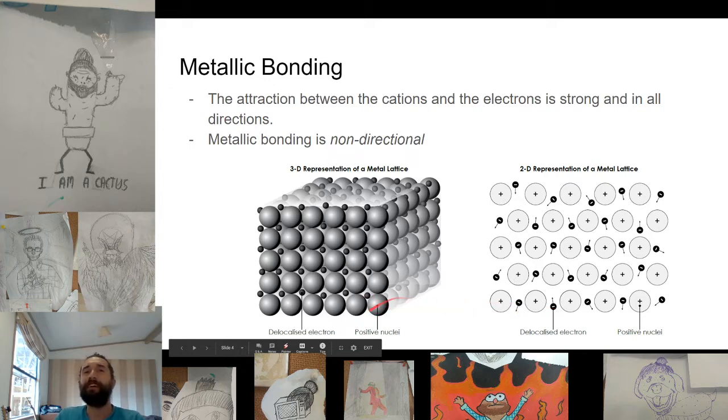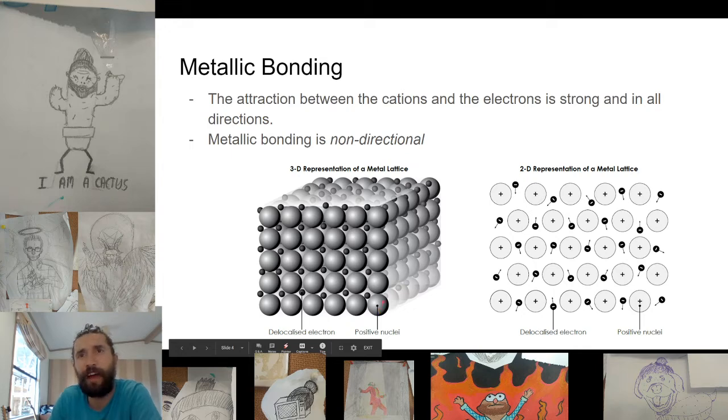And the thing is here, these atoms are going to be the protons and the neutrons and the electrons which aren't free to move, so the non-valence electrons. They're going to be the electrons in the electron shells before the valence shell. They're called positive nuclei. Personally, I just call them metal atoms, which is the easiest way to do it. They also sometimes call them cations as well because they've lost electrons, but I just call them metal atoms.